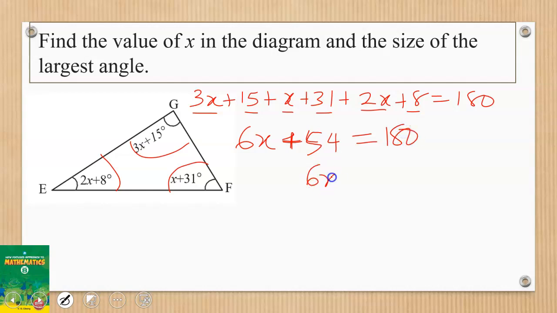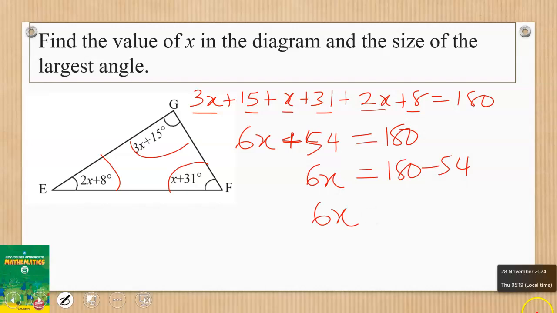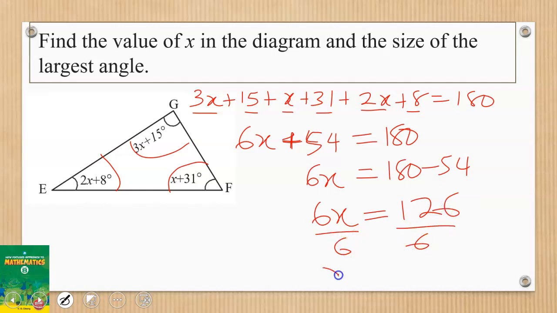Now, making x the subject, we have 180 degrees minus 54, and when we subtract that, that will give us 126. Then we divide both sides by 6.